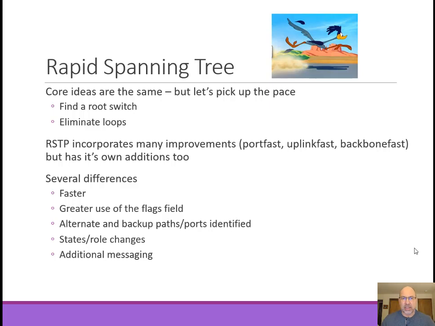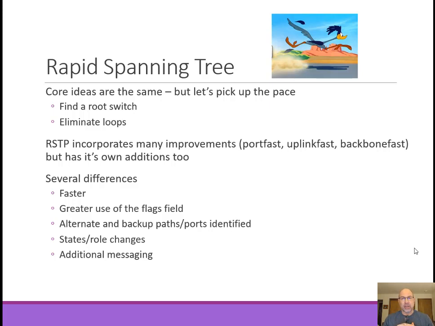But the big deal is that in rapid spanning tree, we changed the use of some of the fields. So we'll talk about it here in a minute, but the flags field especially. So rapid spanning tree, as the name might indicate, is faster. It's much faster in recovering to the redundant links.